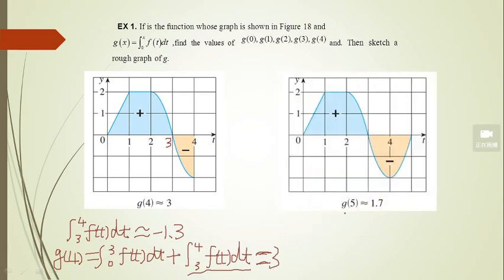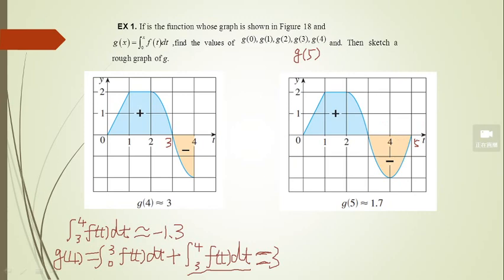Now G5. I think we missed one more question, which should be x equals 0 up to 5. So what is G5? Here this is 1.3 minus 1.3 again because it's symmetric from 4 to 5.